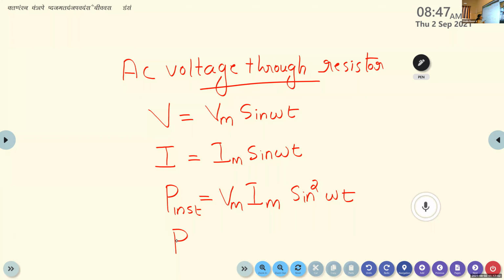And the average value of power, P bar, indicates the average value of power that is generated in the resistor when it is connected to an AC voltage source. So P bar is equal to Vrms into Irms.